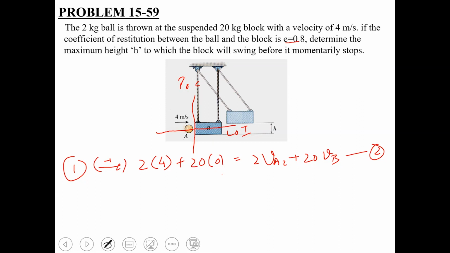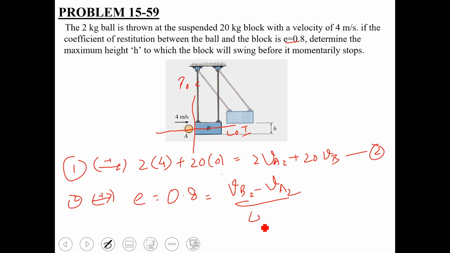For step number 2, we are going to apply the coefficient of restitution equation along the line of impact. The value of the coefficient of restitution is already given as 0.8, and by formula it would be equal to VB2 minus VA2 divided by VA1, which is 4, minus VB1, which is 0.